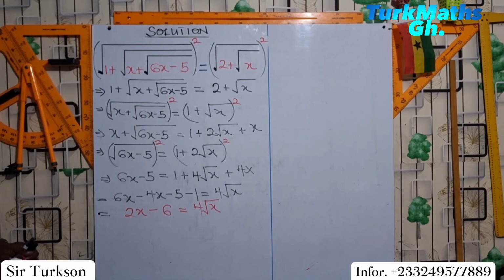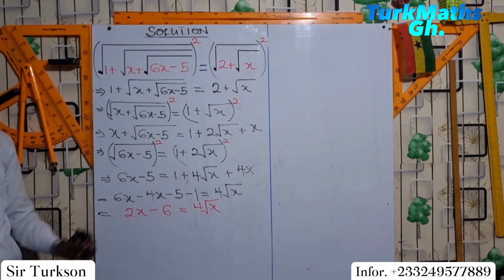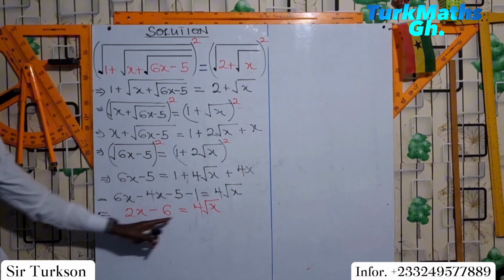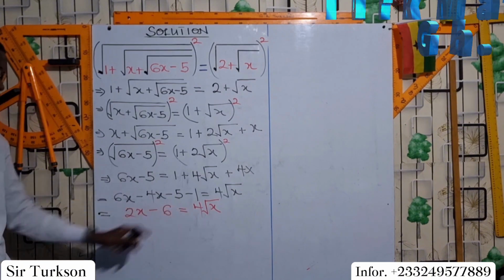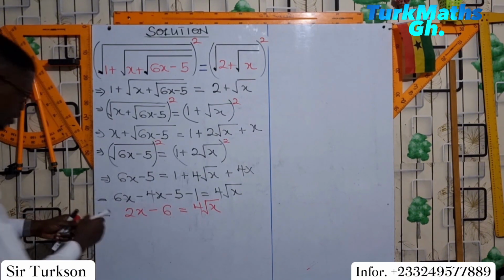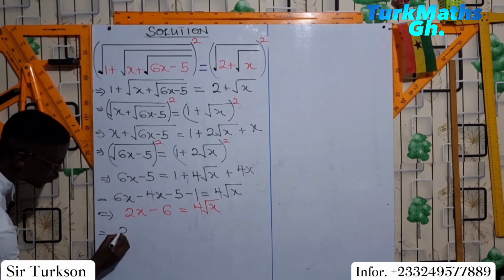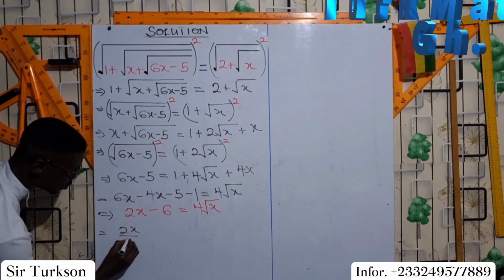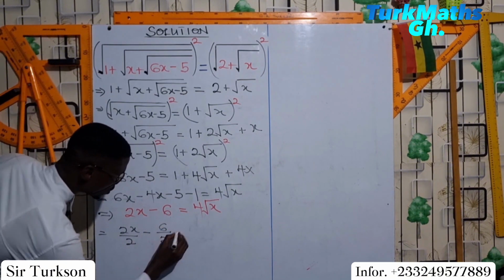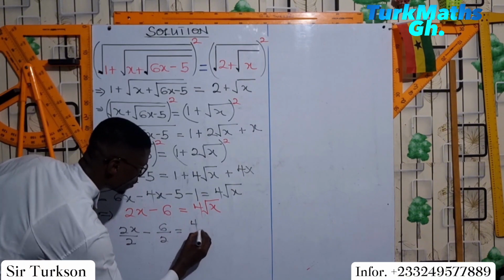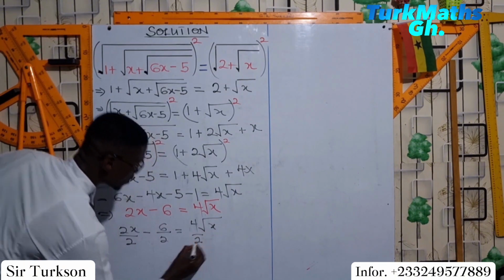Nicely. So now what I'm going to do here? I realize that I can divide both sides here by 2. So watch nicely here. We divide this one by 2. I'm going to have 2x out of 2 minus 6 out of 2 equals to 4 root x out of 2.